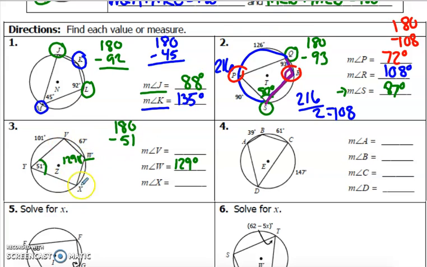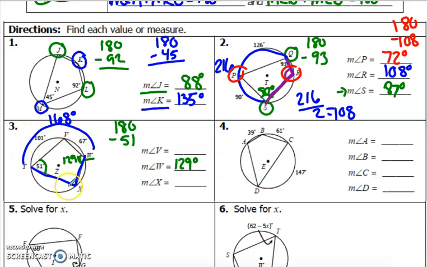So I have to ask myself, can I find the measure of X or can I find the measure of V? V is going to open up to this bottom, which I know nothing about, but X is going to open up to all of this, which I do know. So I'm going to add 101 and 67 to get 168.